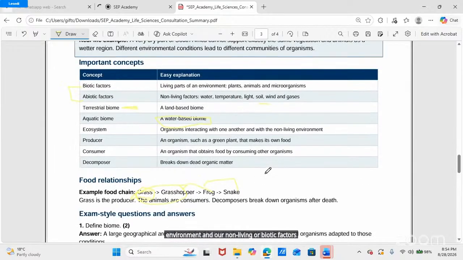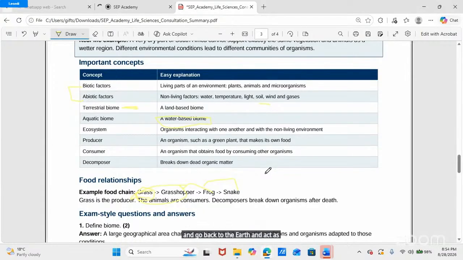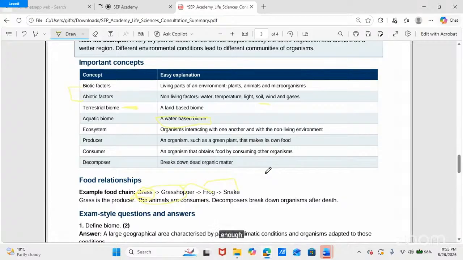After the snake has eaten the frog, it will die. After it's dead, it will decompose and go back to the earth and act as manure. After it has acted as manure, the soil will become fertile and have enough factors to grow a plant.